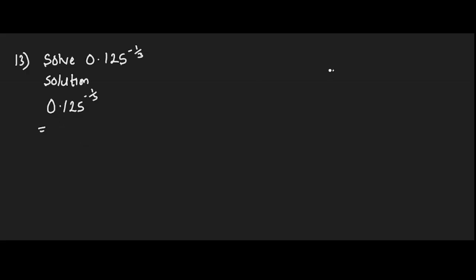So by doing that, we have 0.125. To change to fraction is going to be 125 all over 1 for the decimal point. How many digits do you have after here? 1, 2, 3. So replace that with 3 zeros. So we have 125 over 1000 all raised to power minus 1 over 3.